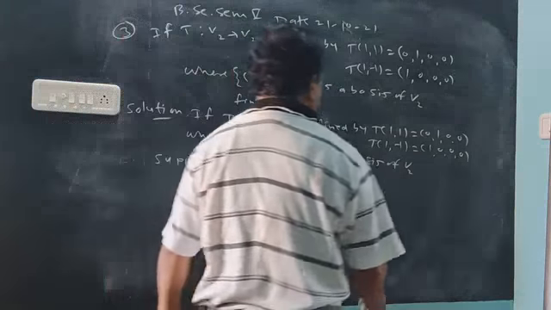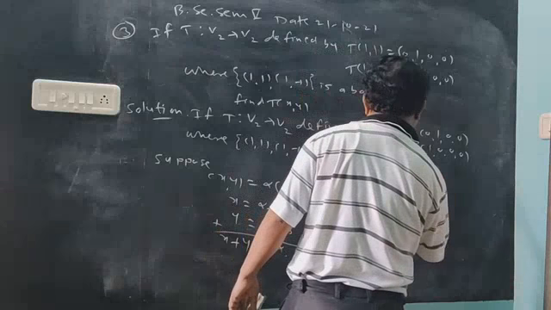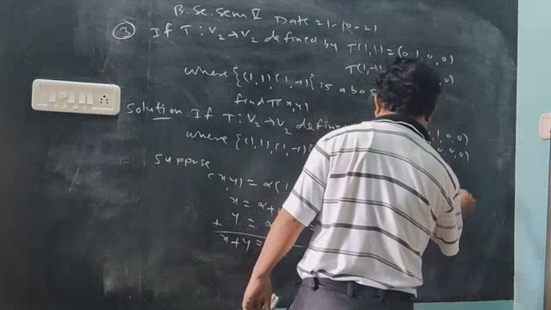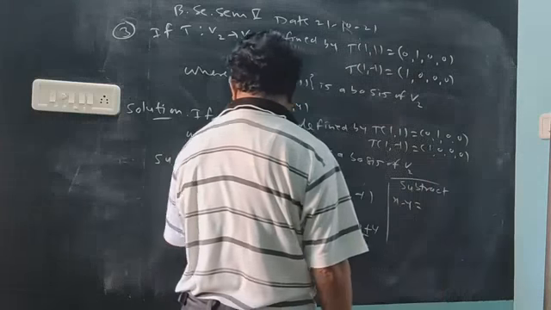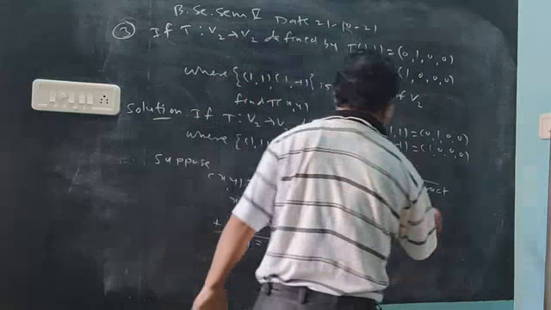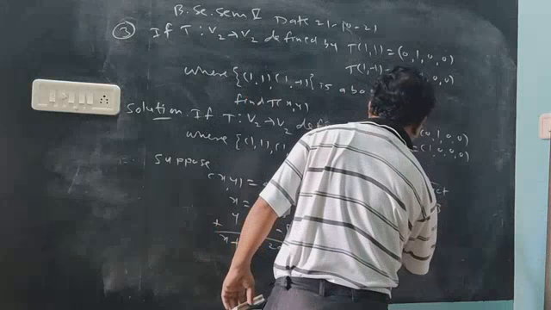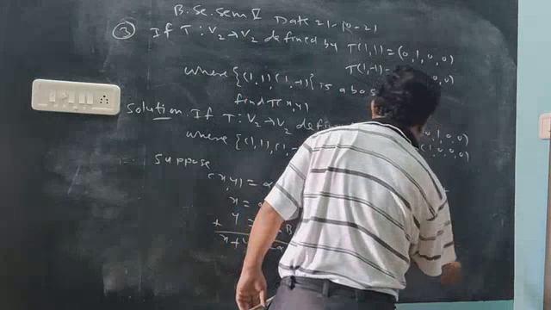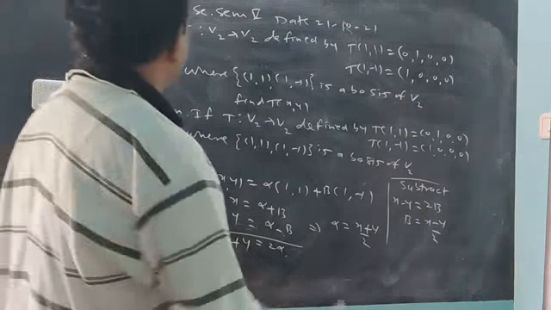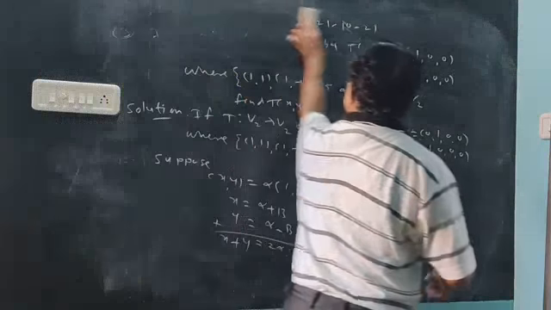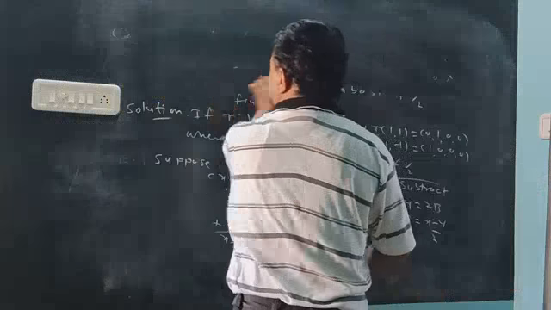Subtract them: x minus y, alpha cancels, beta plus beta is 2 beta, so beta will be (x minus y) by 2. Okay, so alpha is (x plus y) by 2, and alpha and beta exist.